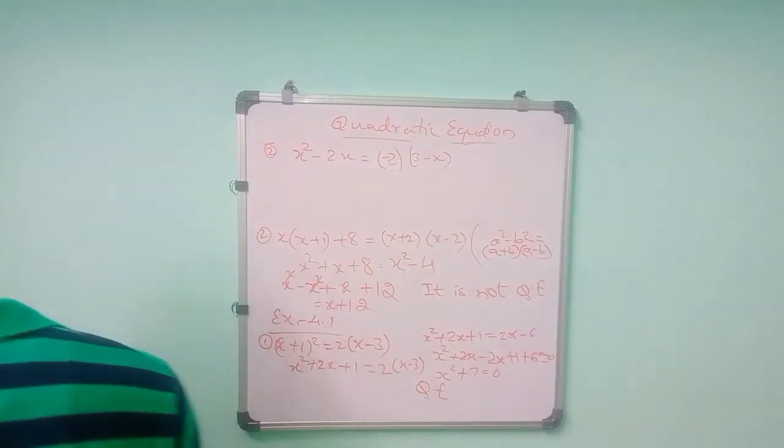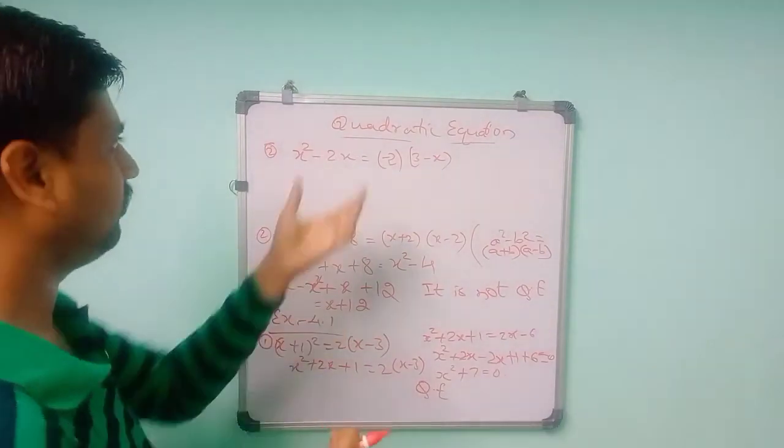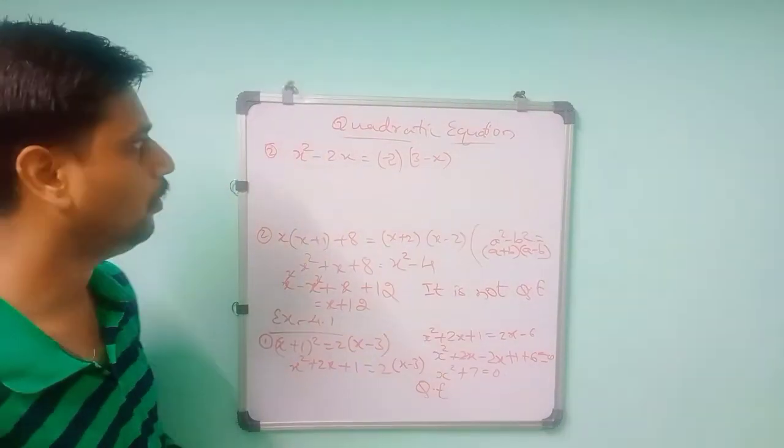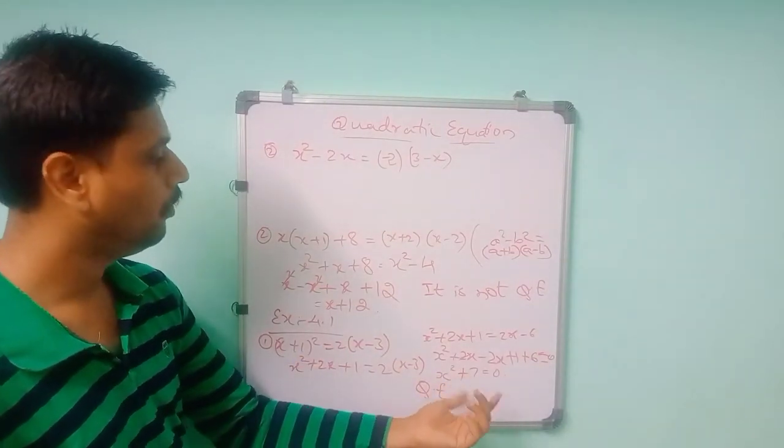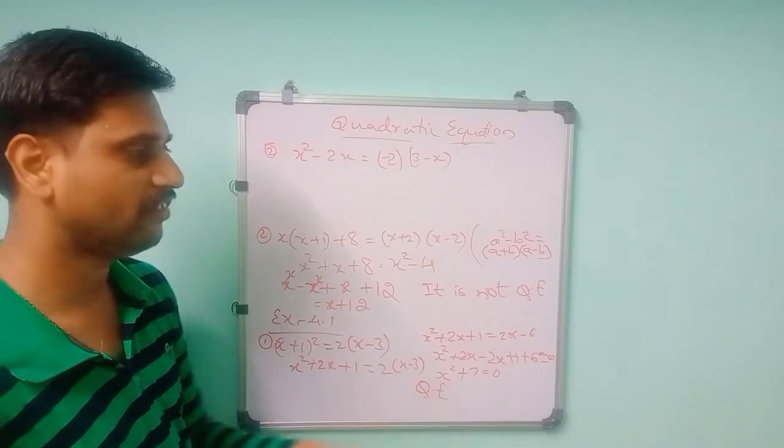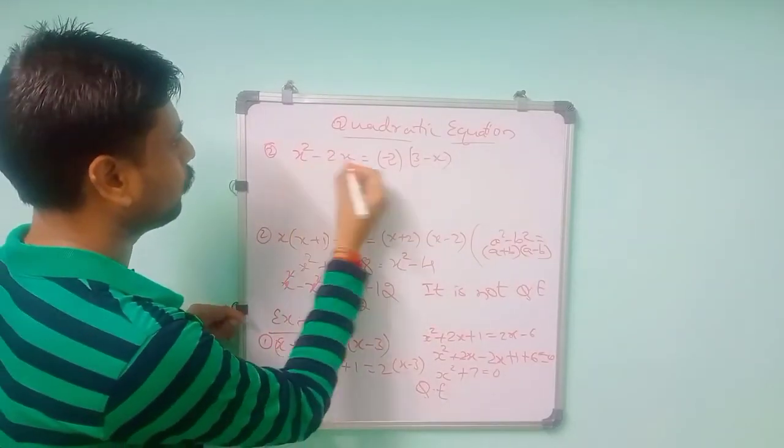They will give an equation like this and ask you to check whether it is a quadratic equation or not. At the least it should contain degree 2 and a constant term, possibly without the x term also.